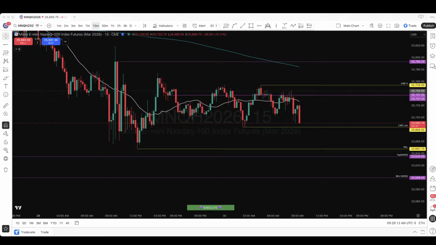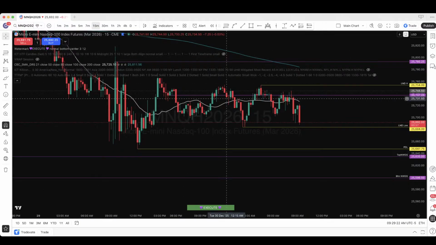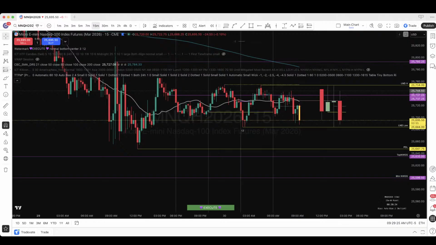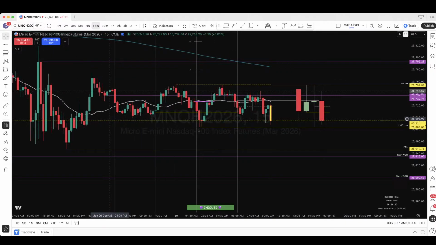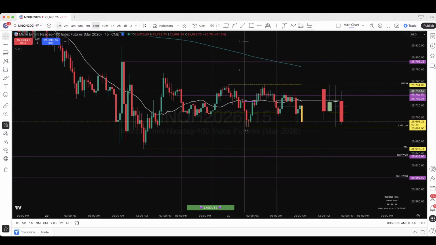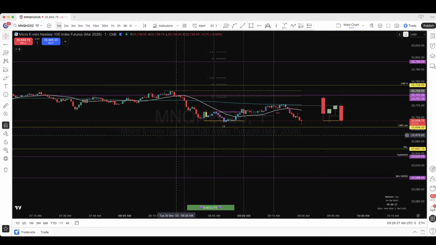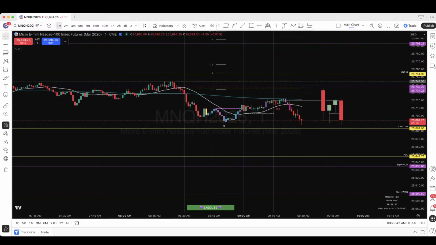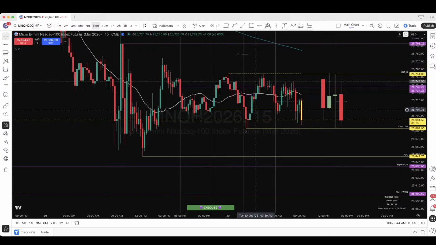Okay, we're getting close to open here. What do I want to see? I'm just ranging shit right now. That fair value got upheld.